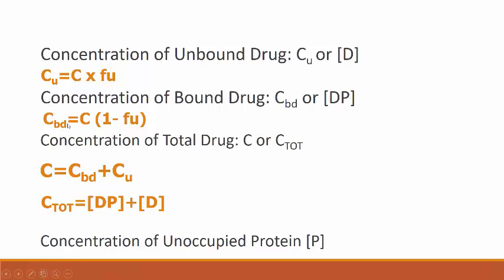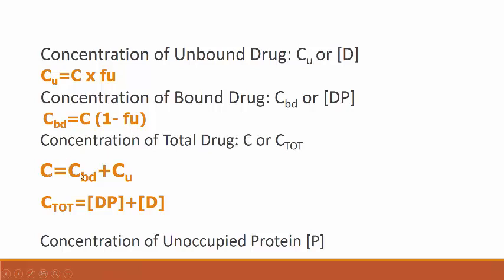Concentration of bound drug is going to be equal to the total concentration times 1 minus the fraction unbound. So we all agree 1 minus the fraction unbound would be the fraction bound. So we would say fraction bound times total concentration to get us our bound concentration. So this would be the inactive component of the concentration of drug.